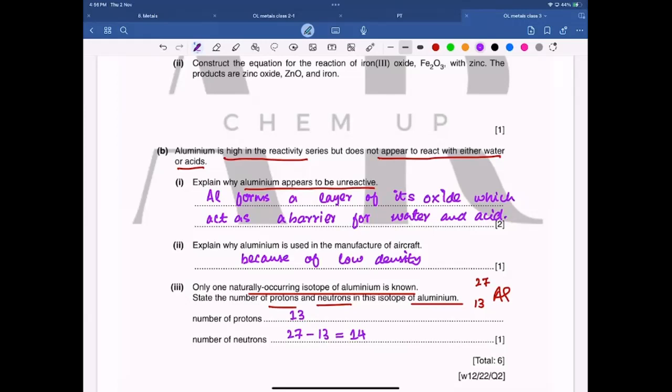But here they say that there is only one isotope. It means that's it. There is no other isotope of aluminium but this one, which we took from the periodic table. Okay.